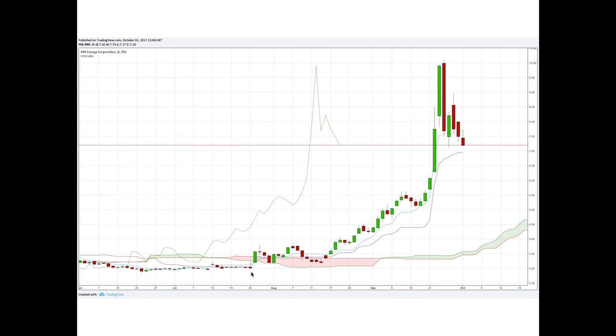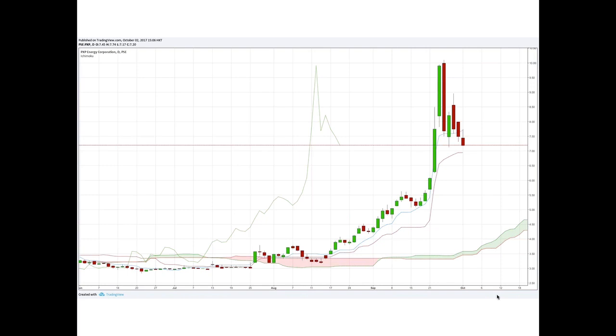So this was what I was talking about previously. PXP from 1 peso rose up to 6 pesos and then made a new cycle. It went back down below the Kumo again and then made another breakout above the Kumo.